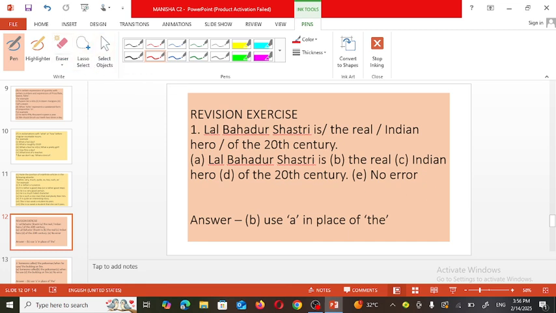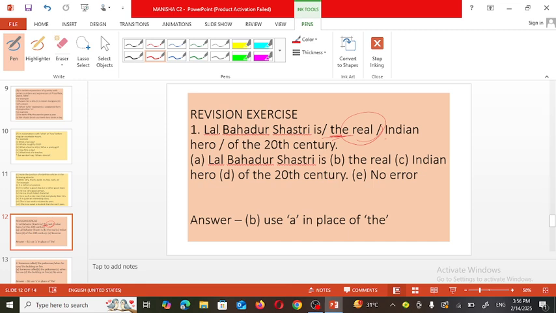So here, the first part is, the real Indian hero. Now here article the is used before real. What is real? Real is an adjective, and before that adjective, article the is used, which is not necessary.